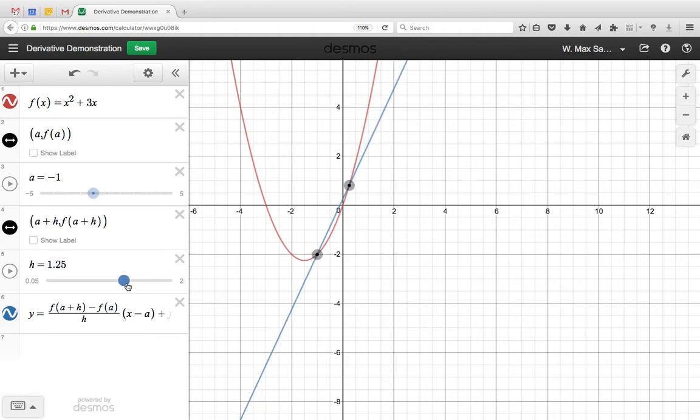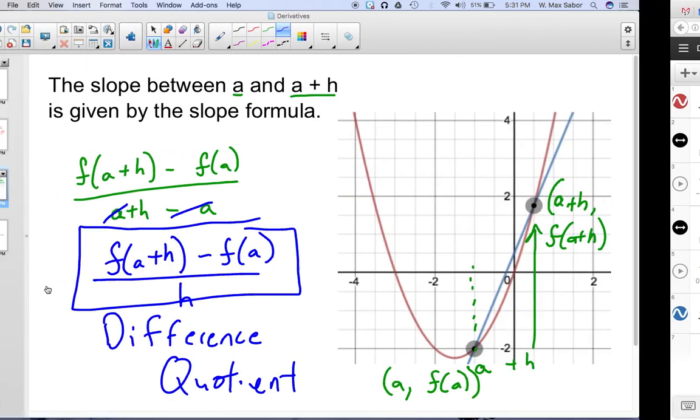So the idea is, if we make h smaller and smaller, the distance between those 2 points smaller and smaller, then they get closer and closer together. And this is why we have limits, because if we actually have them on top of each other, we'd be doing change in y is 0 divided by change in x is 0.